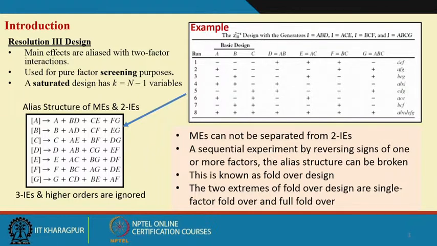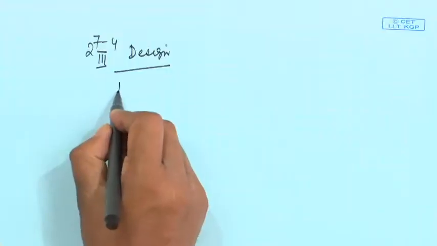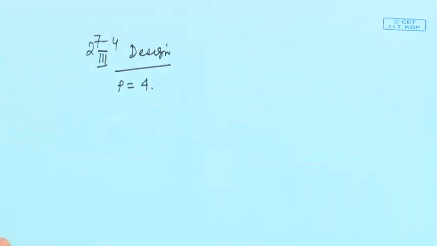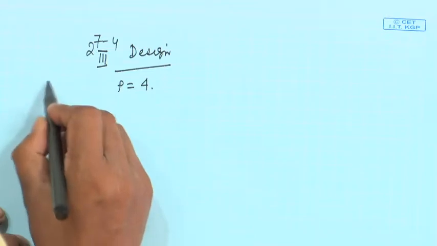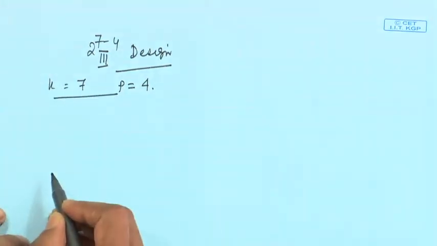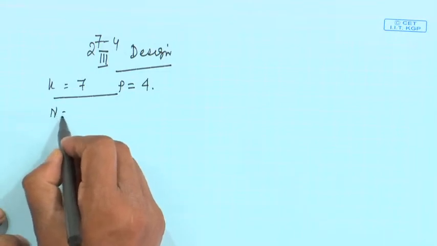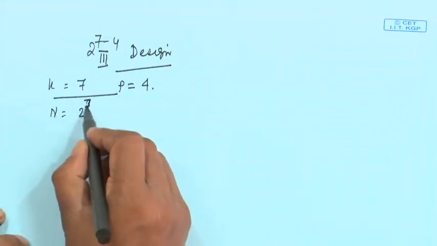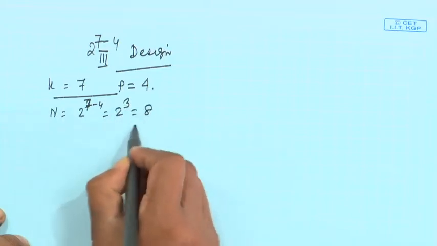Here the number of generators P equals 4, the number of factors K equals 7, and the number of runs N equals 2 to the power 7 minus 4, which is 2 to the power 3, equal to 8.